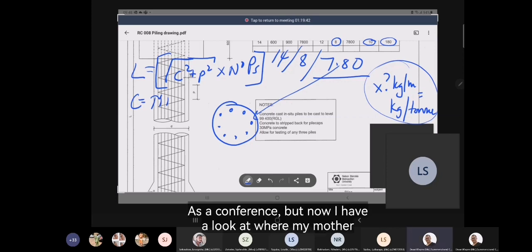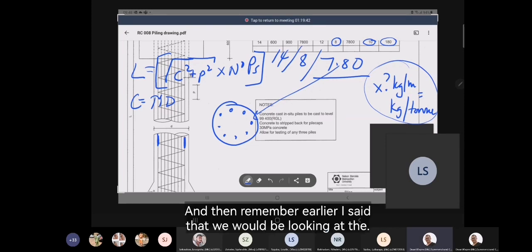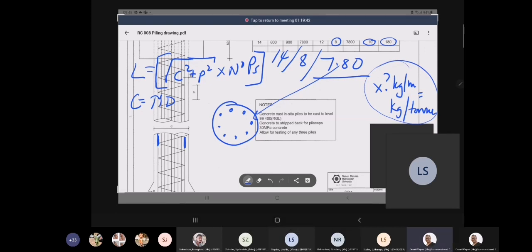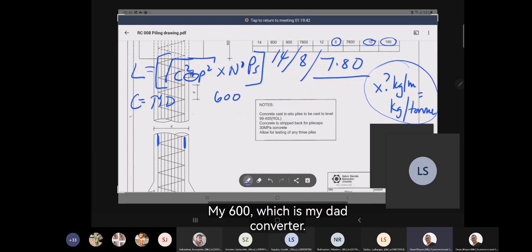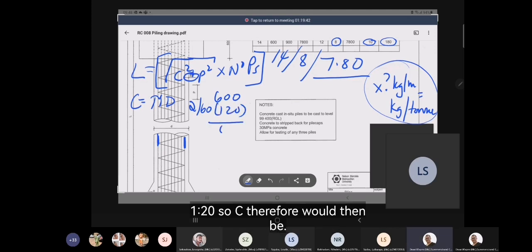My circumference. But now, I have a look at where my reinforcement starts and ends. Remember earlier I said that we would be looking at that 60 mils there. So now I would say my 600, which is my diameter, minus 2 times 60, which is 120.